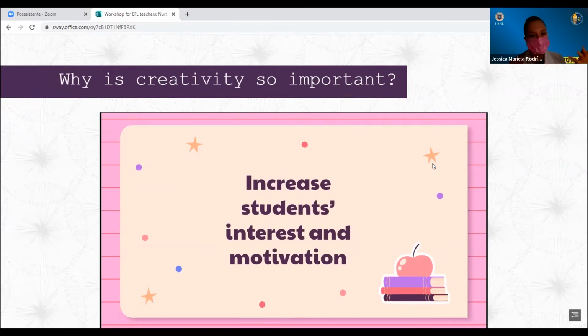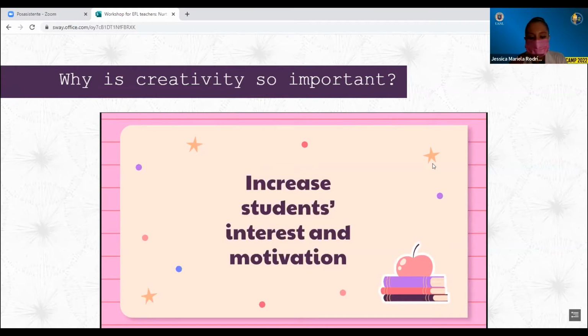You can do a lot of things, and depending on the grammatical structure or vocabulary, or the topic or theme that you are going to develop in the class, you can do different activities for that. And at the end, the main objective is to make our students develop the linguistic skills, right? And very important are speaking and writing, the productive skills.